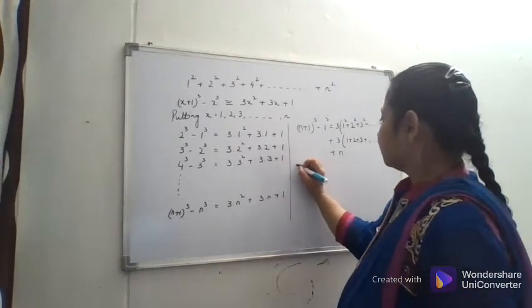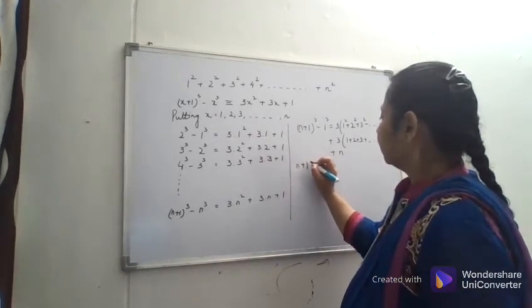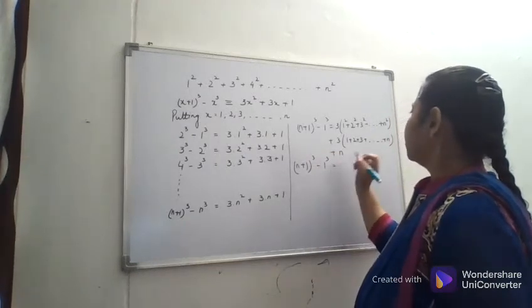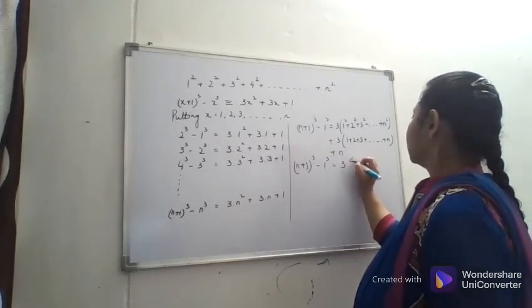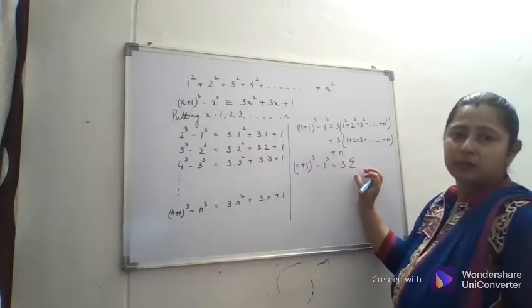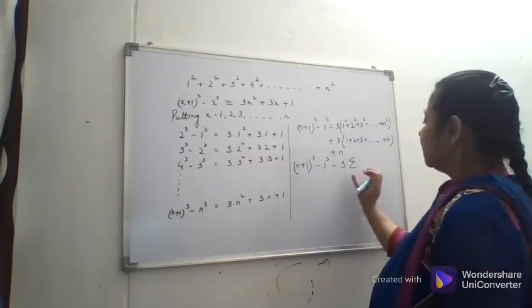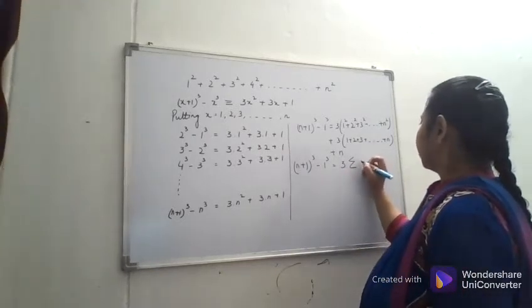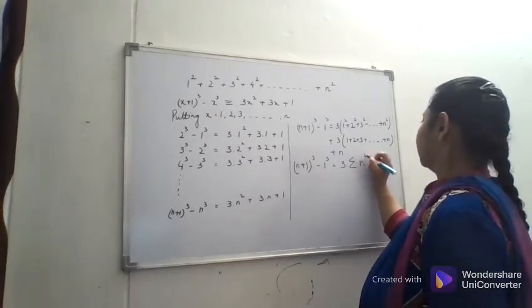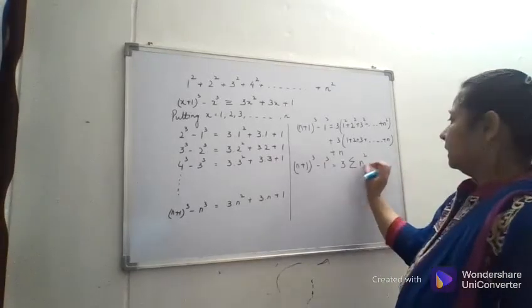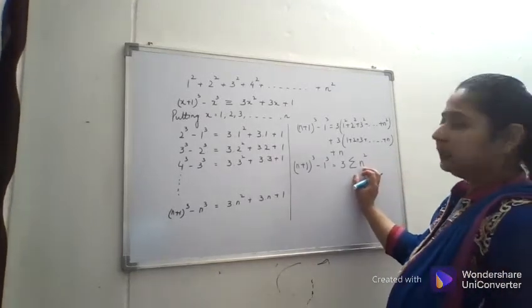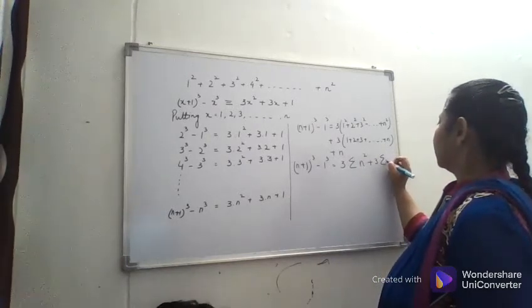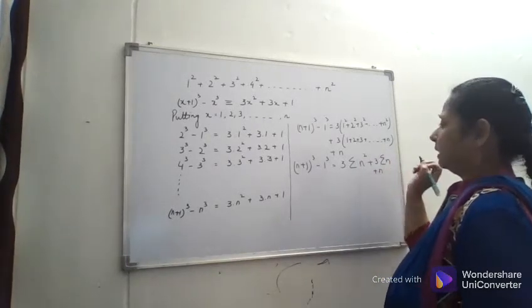Now this comes out to be (n plus 1) whole cube minus 1 cube is equal to 3 summation. This is the sign of summation. When we are adding so many numbers, we put the sign of sigma, and this is the summation of n square when we are adding n natural numbers, plus 3 into summation n plus n.